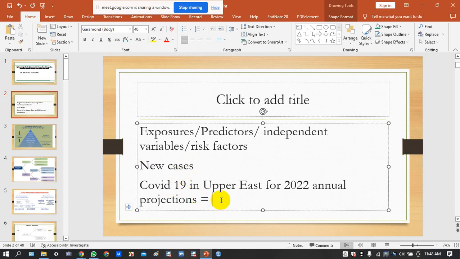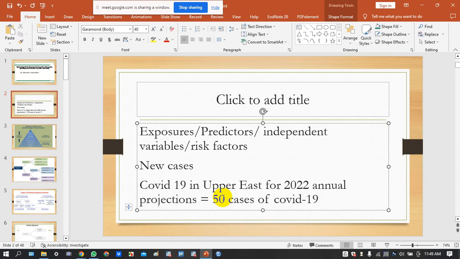In 2022, there can already be, maybe, 50 cases of COVID-19 that were already there, and the 50 cases came from 2020, 2021, 2022. When you add them up to 2022, it was 50 cases of COVID-19.